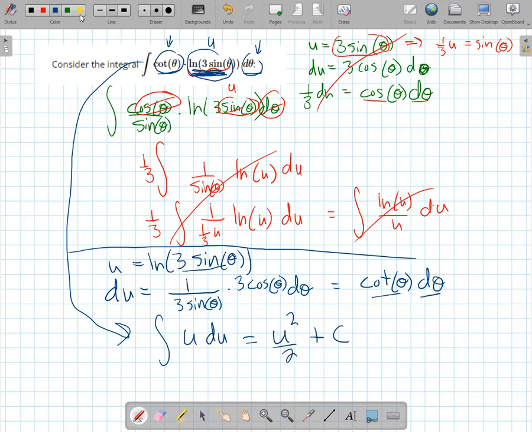And translating it back, u is really the natural log, so I would write it as the natural log in parentheses of 3 sine theta, close parentheses, squared, all over 2 plus c.